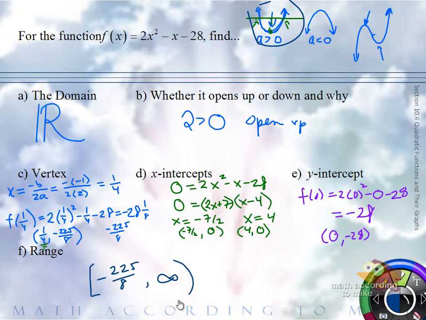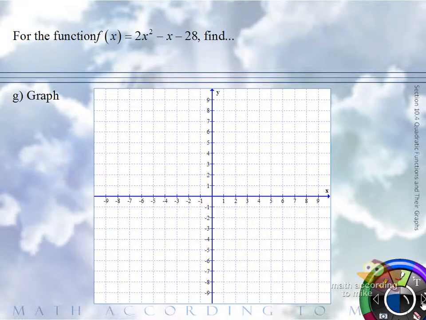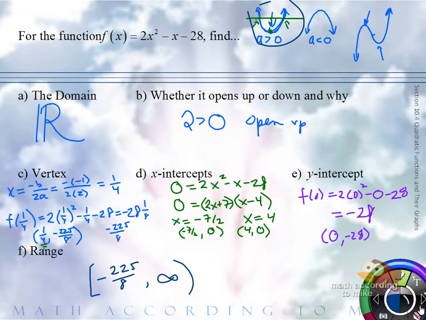Good. So all this stuff we're now going to transfer to a graph, namely parts C, D, and E. Okay, clearly the tick marks are totally wrong. Oops, my bad. So let's count these by, we'll keep the x's the same. I think we can get away with that.